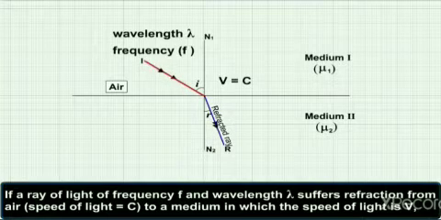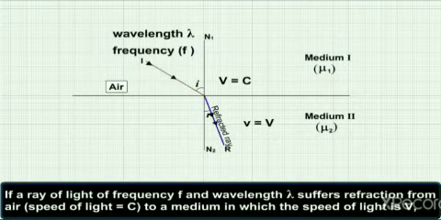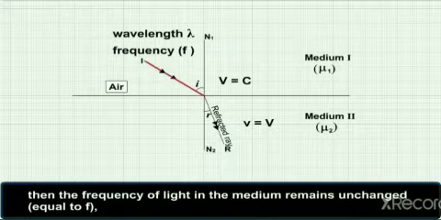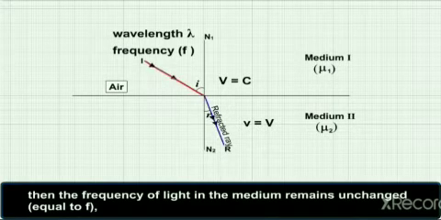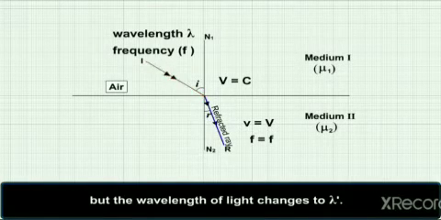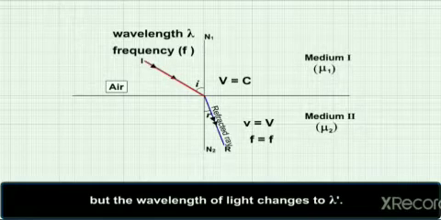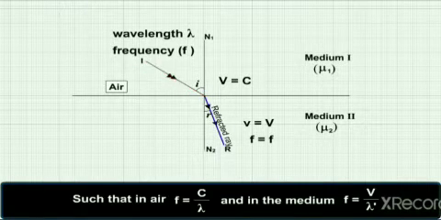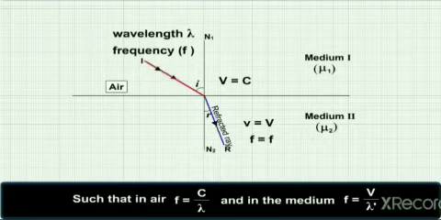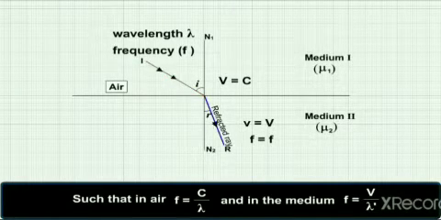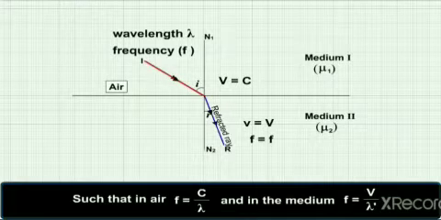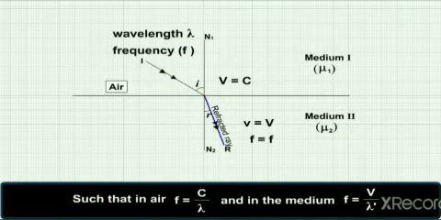To a medium in which the speed of light is v, the frequency of light in the medium remains unchanged, equal to f, but the wavelength of light changes to lambda dash, such that in air, f is equal to c upon lambda, and in the medium, f is equal to v upon lambda dash.